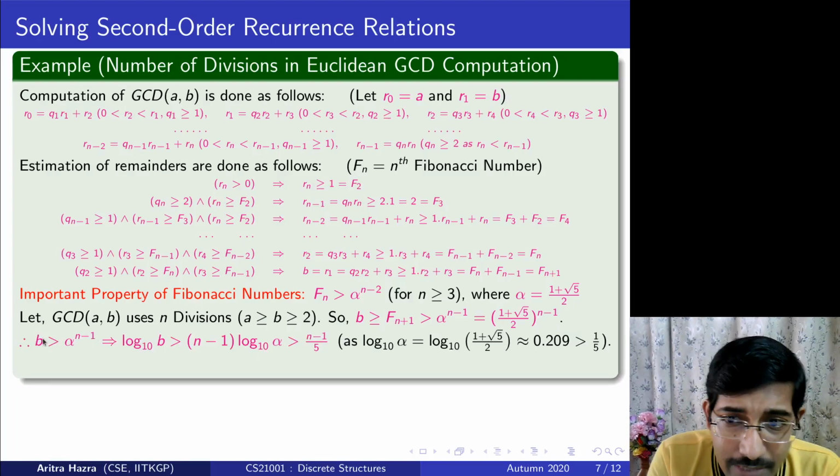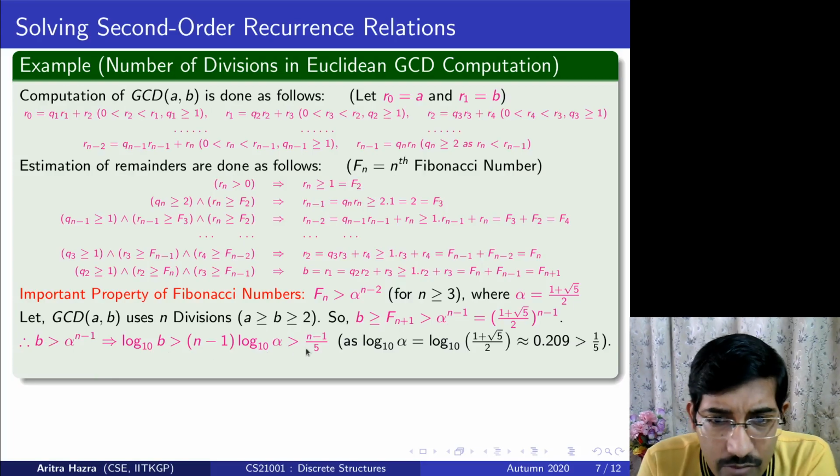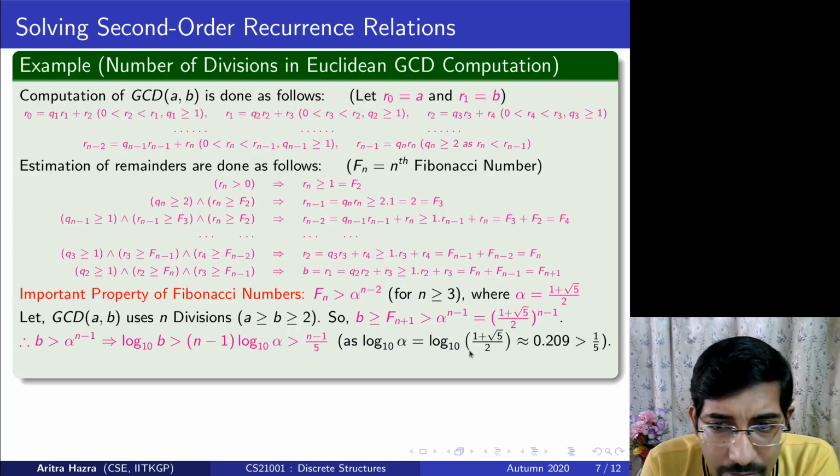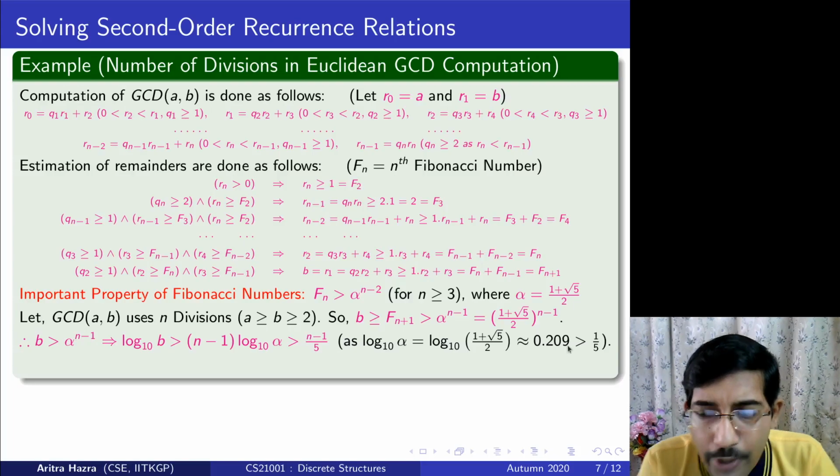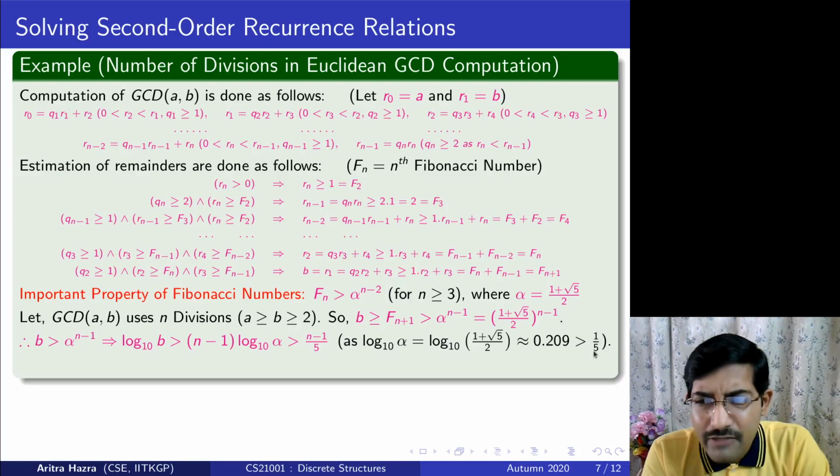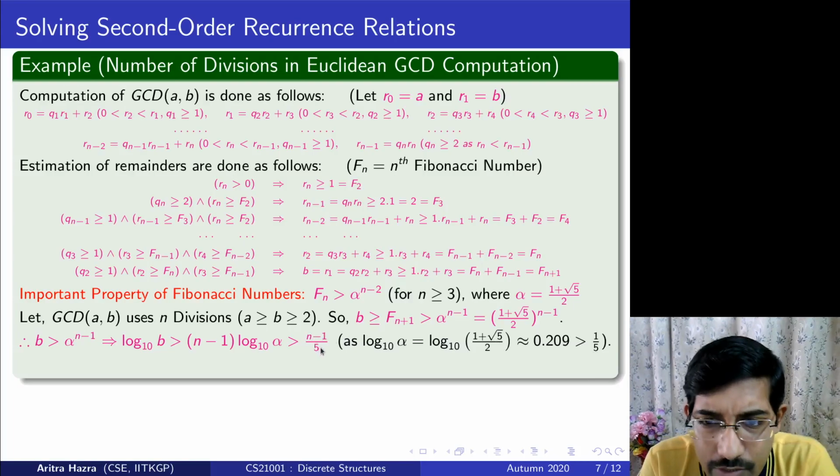What is that bound? So B is greater than alpha to the power n minus 1, to get it simplified. Log B base 10 is n minus 1 log this, which is greater than or equal to n minus 1 by 5, because if you take the log of this, you will get almost 0.21, which is greater than 1 by 5. So it is greater than n minus 1 by 5.